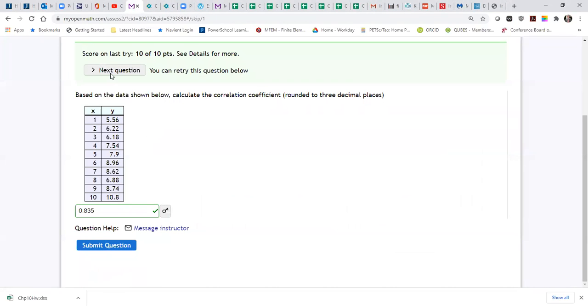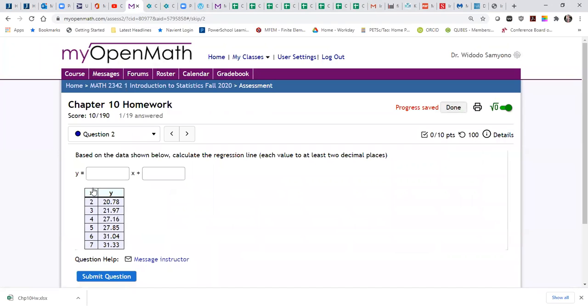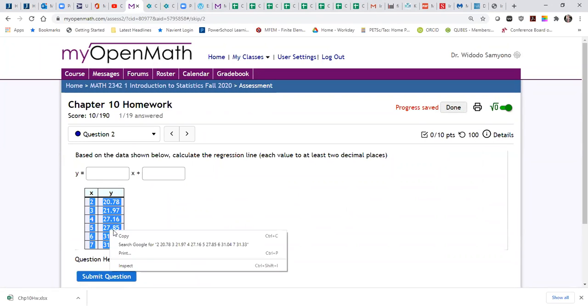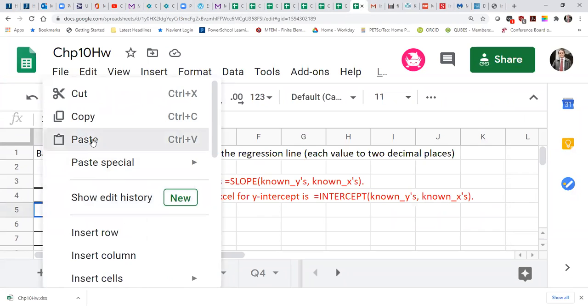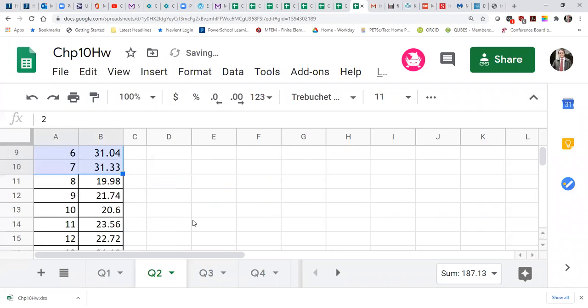Yes, it's the same thing. You just need to go to number 2 and then copy the data, put it here, right click, paste it, and you see you don't have this one down here, right? You don't need this one.